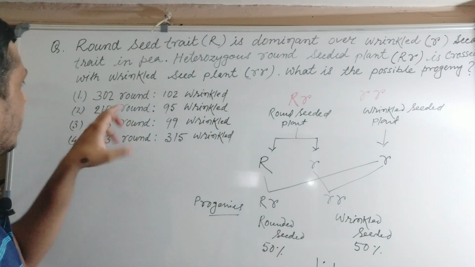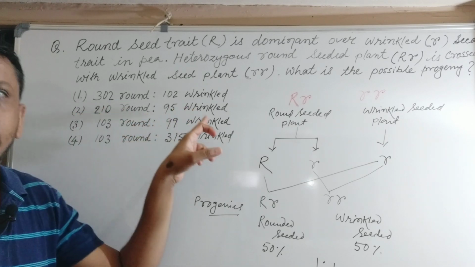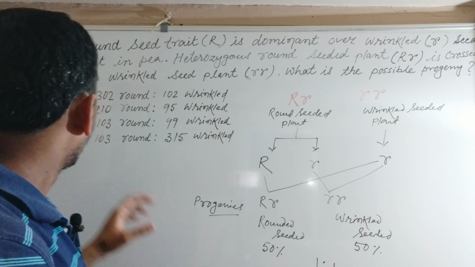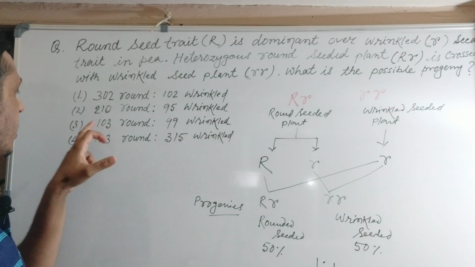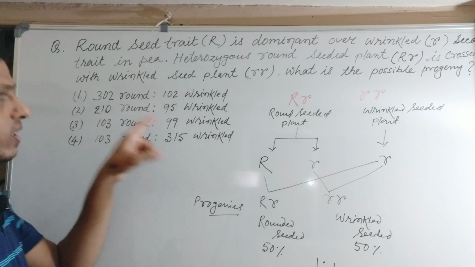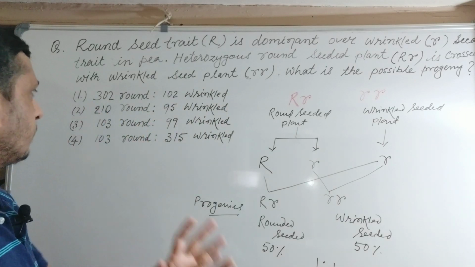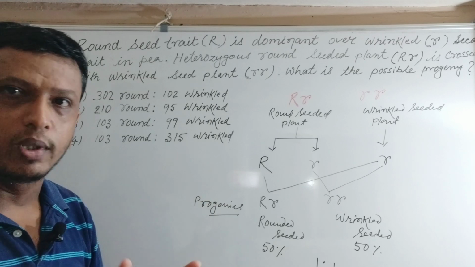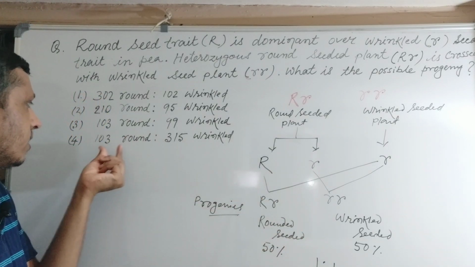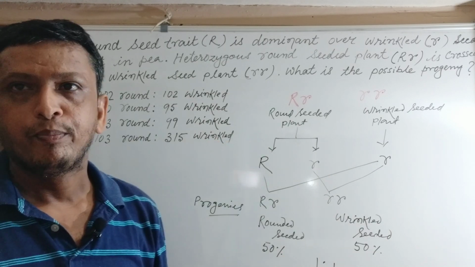In the second option you see 210 round and 95 wrinkled. Again there is no 1:1 ratio. In the third option you see 103 round and 99 wrinkled. This is not exactly 1:1 but nearest to 1:1 ratio. And option 4 is very different, 103 round and 315 wrinkled.